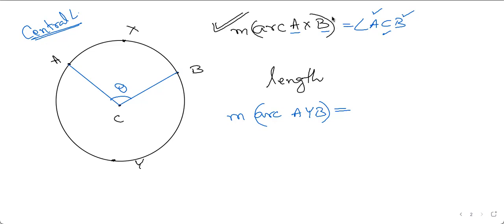The logic remains same. What are the end points of the arc? Draw the radius and tell me where the angle will be. Okay. I'm not getting any answers.